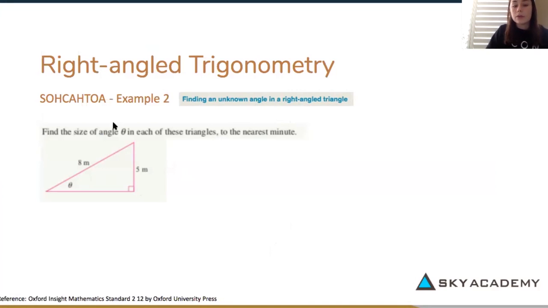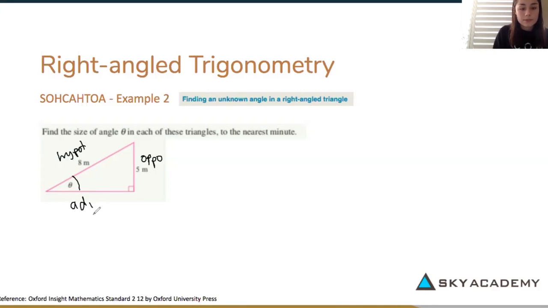So firstly, once again, what I'm going to do is I'm going to label each side of my right angled triangle. So the one that I know opposite my right angle is going to be my hypotenuse, and the one opposite my marked angle of theta is going to be opposite, and the side with no label left is going to be adjacent.